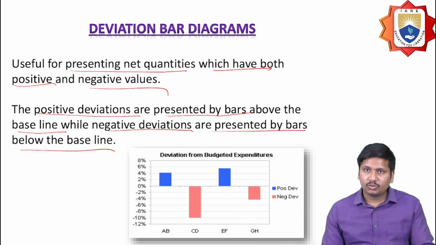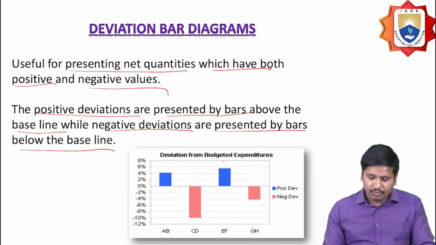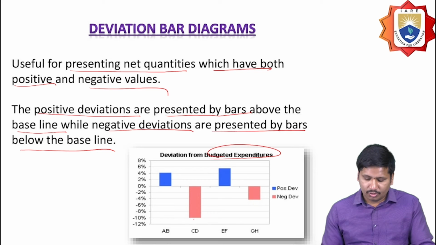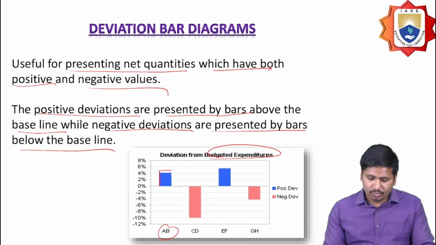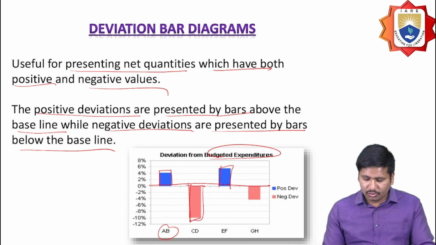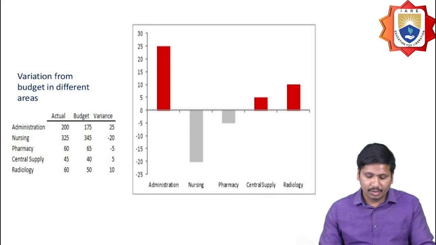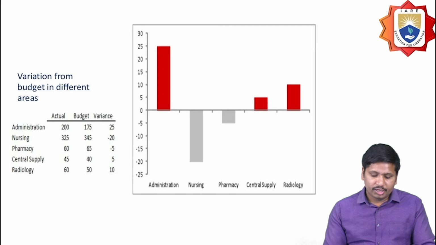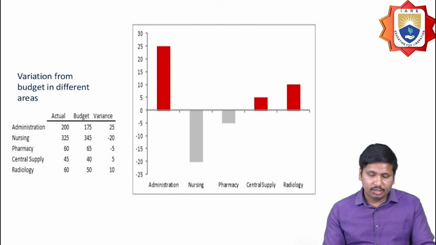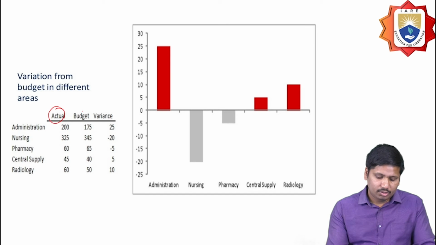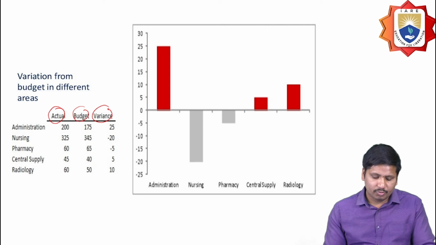Same thing here, the deviation for budget expenditure. The blue indicates the positive, and the downward bars below the baseline are the negative deviations. See this example, the variation from budget in different areas: actual value, budget value, and the variance, how much it is.